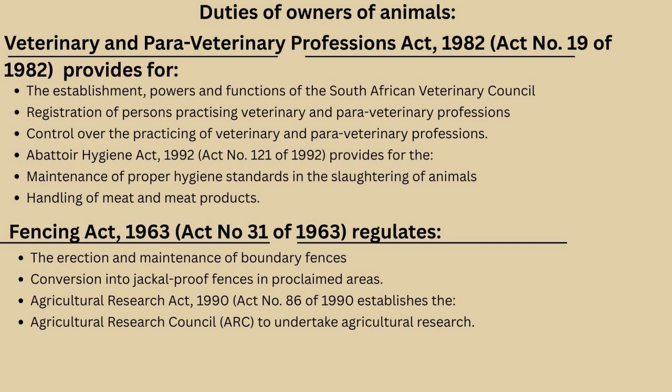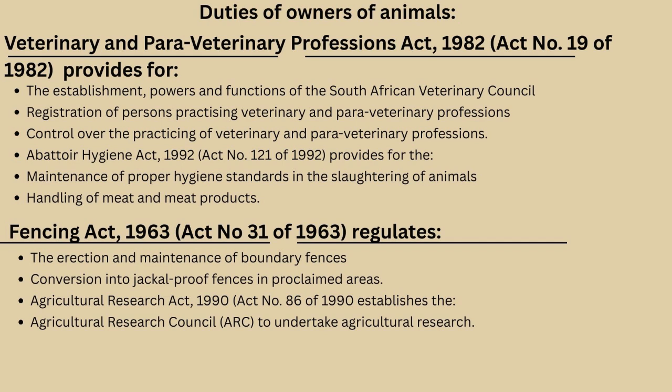Veterinary and Paraveterinary Professions Act, 1982, Act No. 19 of 1982, provides for the establishment, powers and functions of the South African Veterinary Council, registration of persons practicing veterinary and paraveterinary professions, control over the practicing of veterinary and paraveterinary professions.